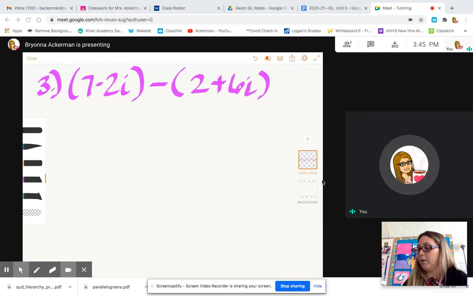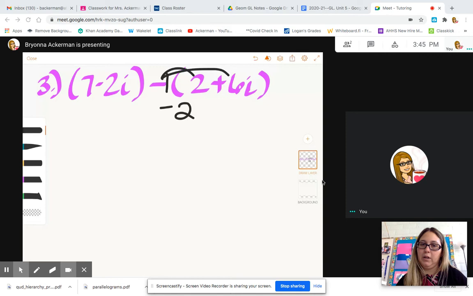Remember, this is now like saying we have a negative 1 here. If I distribute that negative 1, it does change my second parenthesis. My first parenthesis will stay the same, but then here I have negative 1 times 2, that'll be a negative 2. And then I have negative 1 times 6i, that'll be a negative 6i.